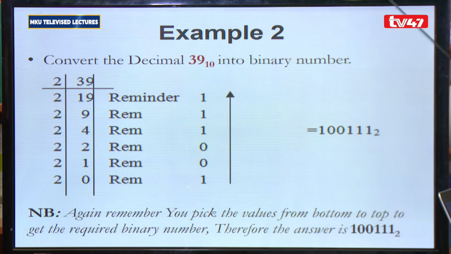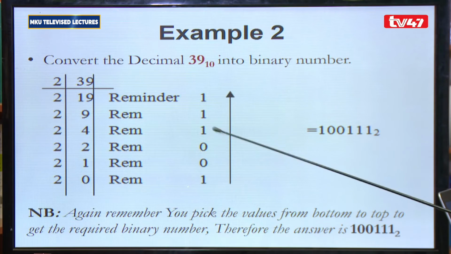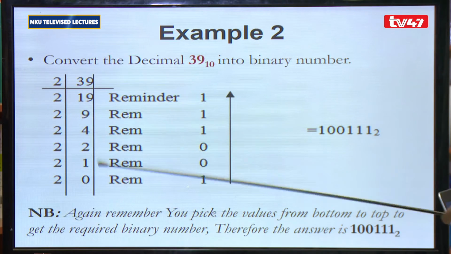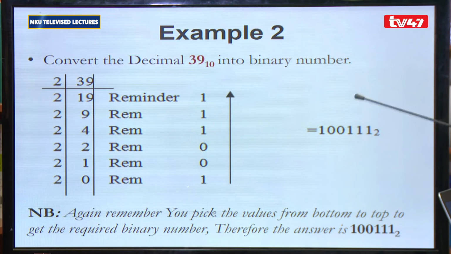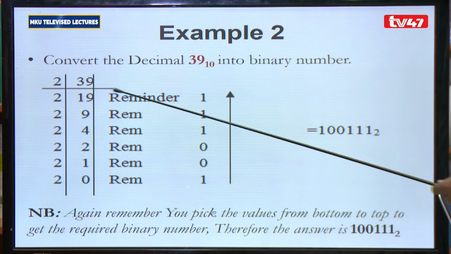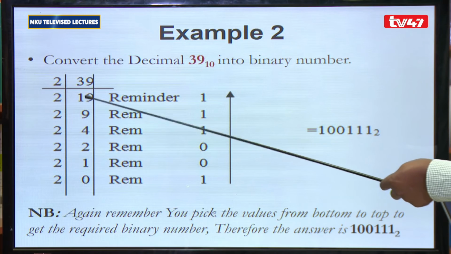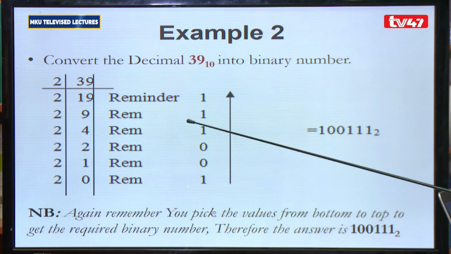The decimal 39 into binary. Again, when you divide 39 by 2, you get 19, because 19 times 2 is 38. So you'll have remainder 1. This 19, you divide by 2 again, you get 9, remainder 1.